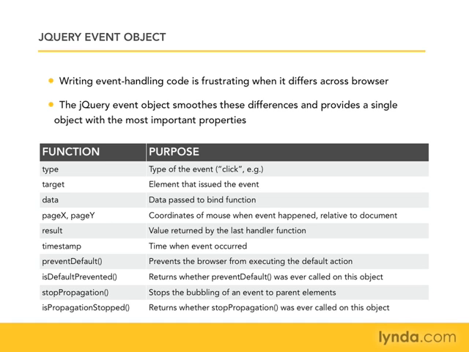You can stop that from happening by calling stopPropagation. It will simply stop the event right in its tracks. And similarly to preventDefault, if you call isPropagationStopped, you can see if stopPropagation was ever called on this particular event object.